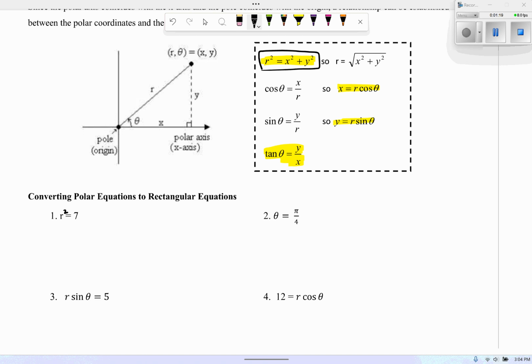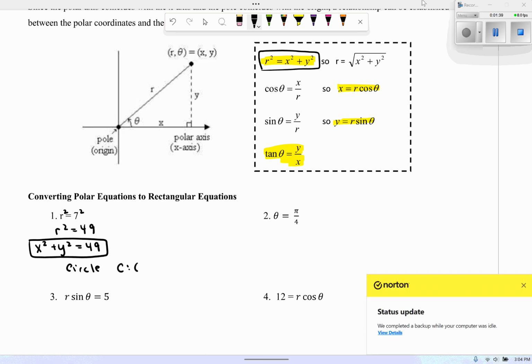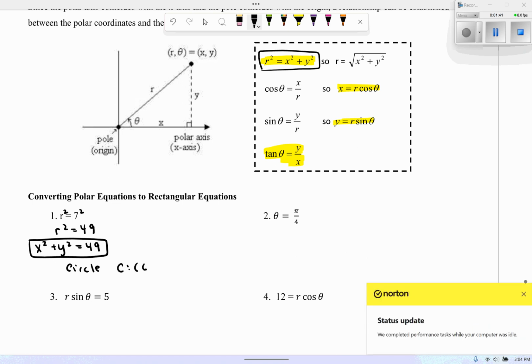So if I square here and here, I get r squared equals 49, and then I can replace r squared with x squared plus y squared. And so again, we know that this is a circle, and we know the center is at 0, 0, and that the radius is the square root of 49, or in this case, the radius is equal to 7.